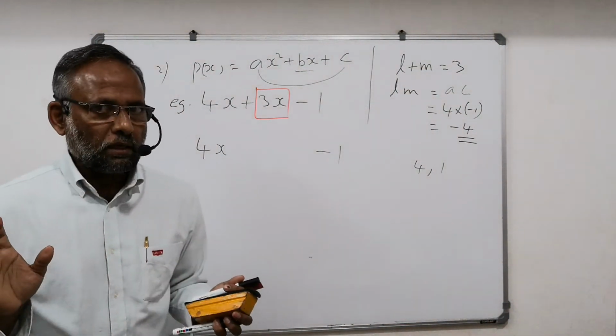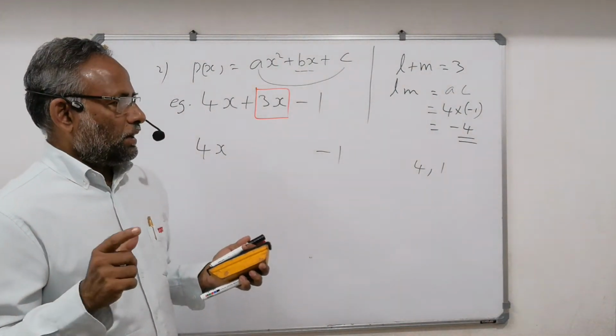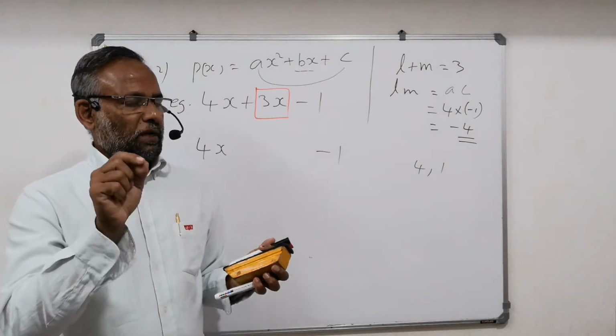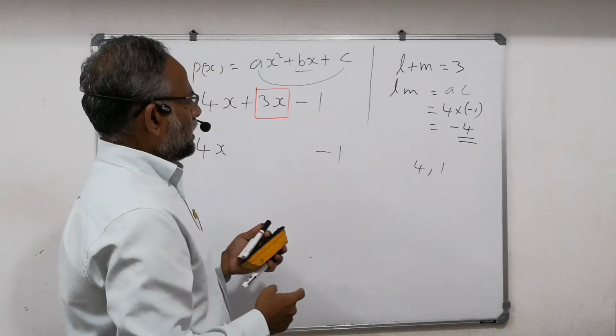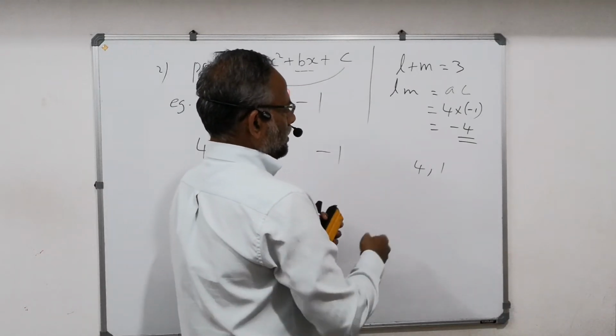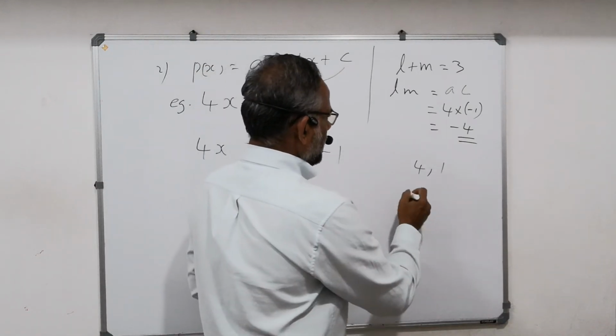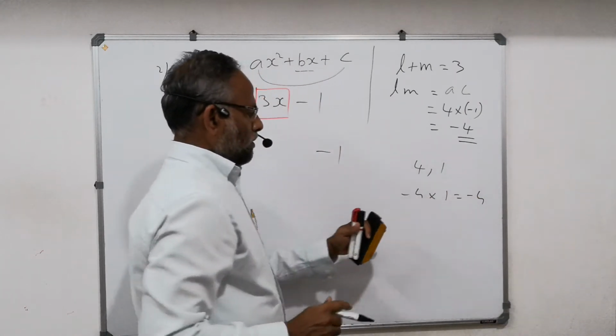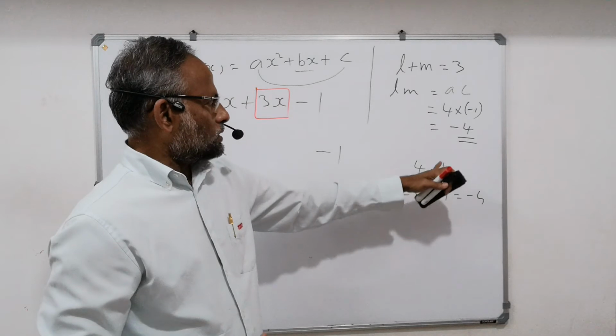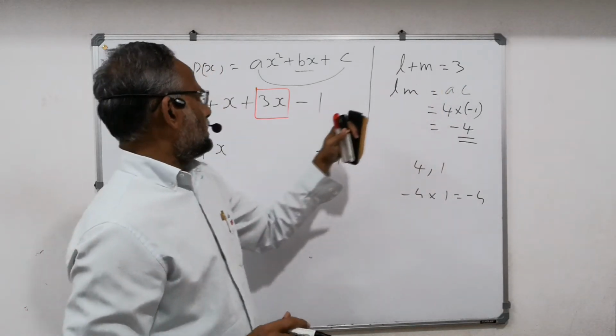So you have to think logically. Whenever you are multiplying different signs, only minus. So which one minus? Okay, I am putting minus 4 and 1. Minus 4 into 1, that is minus 4. But minus 4 plus 1, that is minus 3.